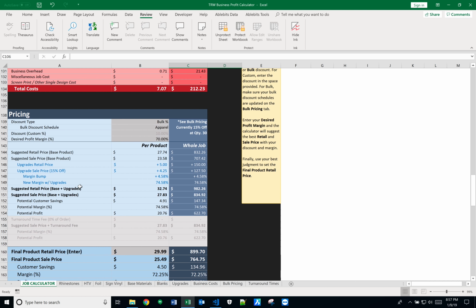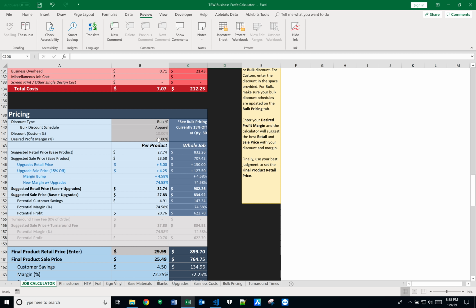And you can see here, this part now is active. It was gray before. So you can see that it says upgrades retail price. So this is taking all your upgrades, if you had multiple or there's just one, and it says the retail is $5. We had a 15% discount, so it discounts that upgrade to $4.25. It's telling you you're going to bump your margin.